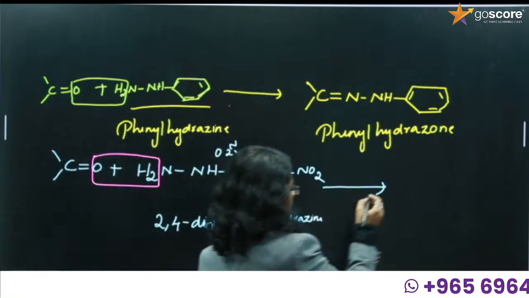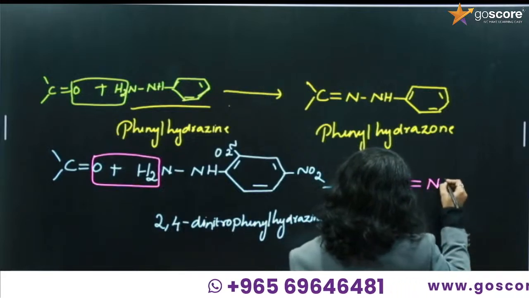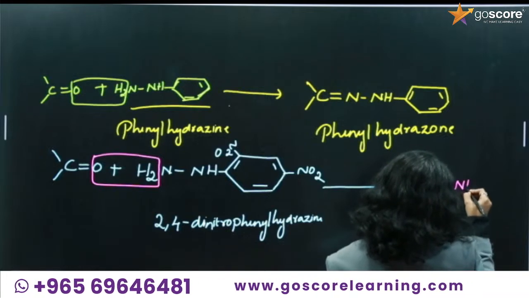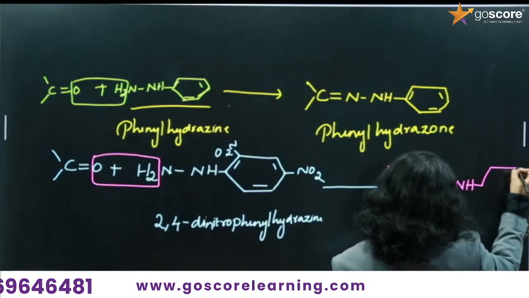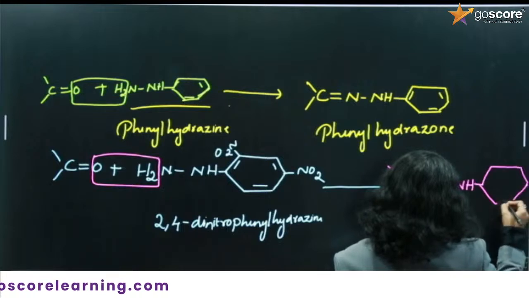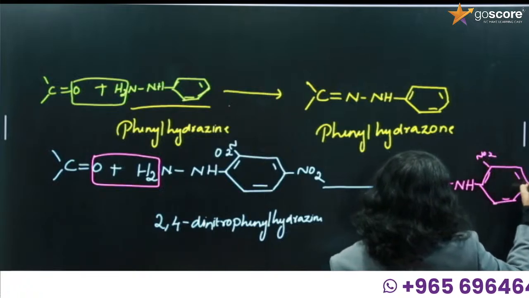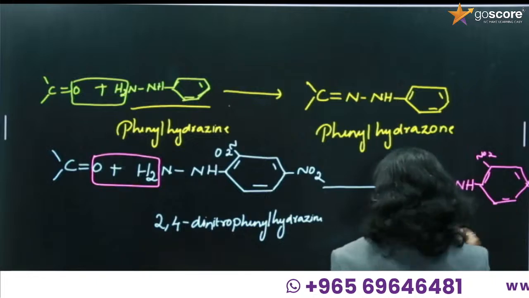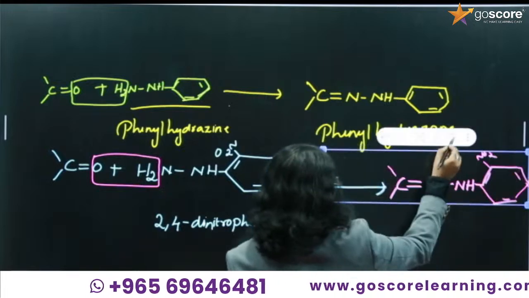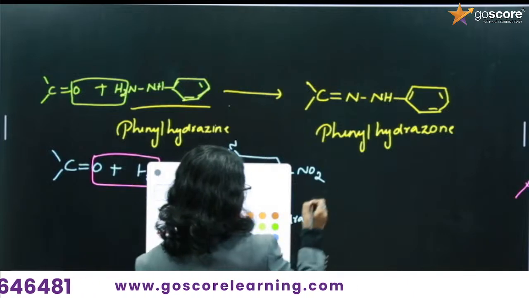Then you will get the product C double bond N, NH. I'll draw it here. You will get the product 2,4-dinitrophenyl hydrazone.